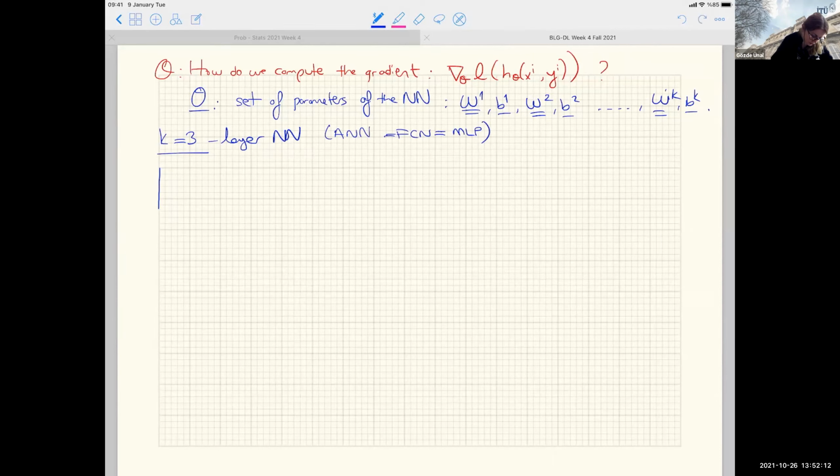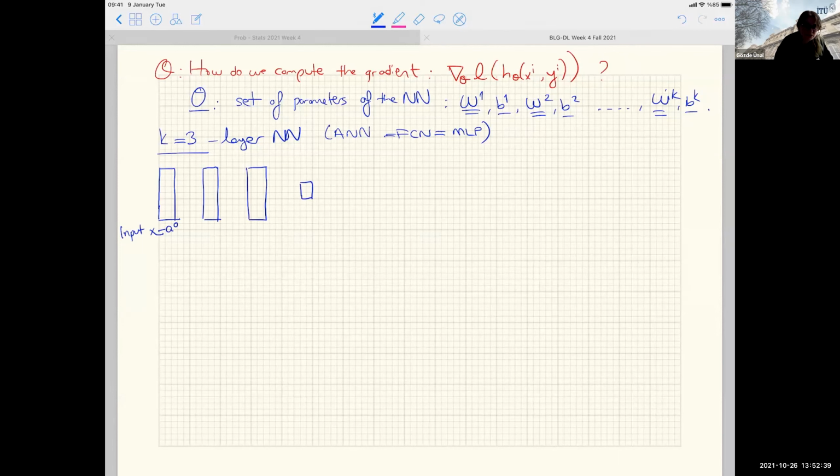Sorry, I should do it nicely. I call this my input X, which is A0. It's a K equals 3 layer network.